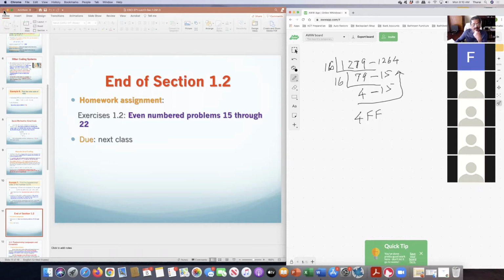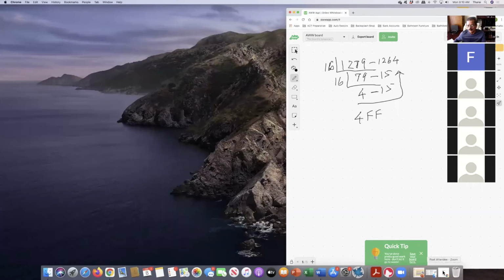Now, we have the course calendar all worked out, but it's very hard to follow that exactly. Sometimes there will be more problems than what is shown on the calendar, sometimes less, but you can always trust the assignment link.